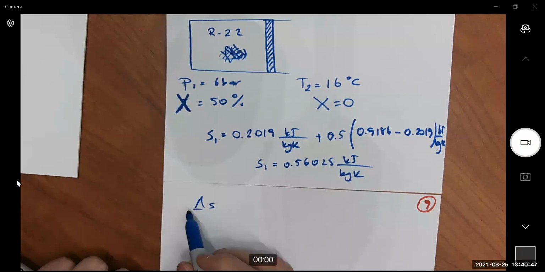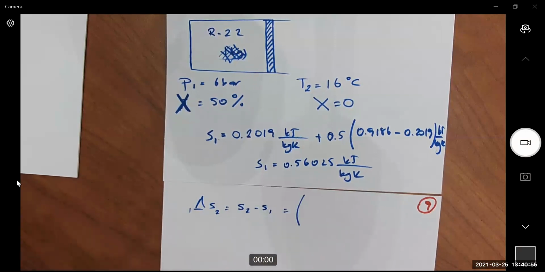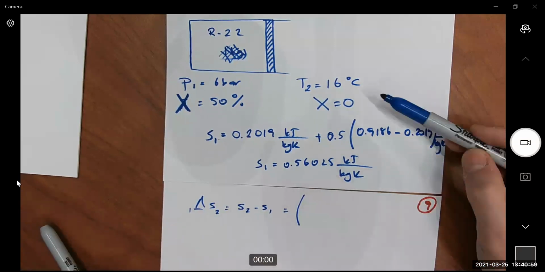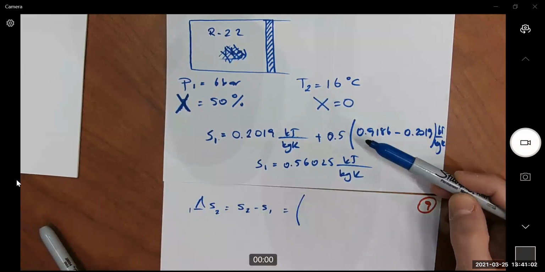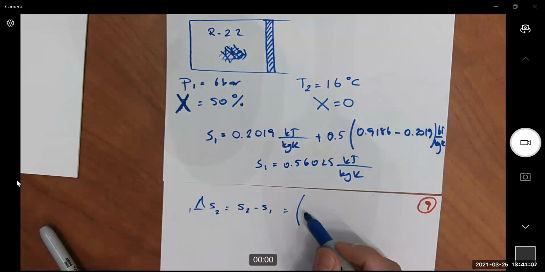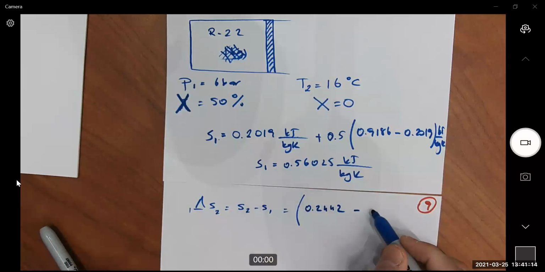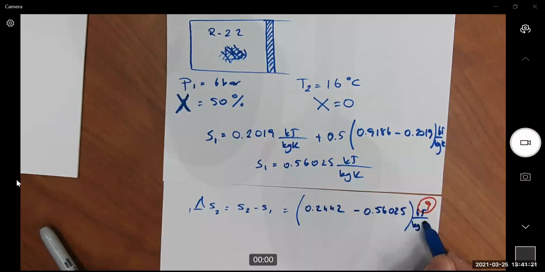Specific entropy change from state 1 to state 2 is S2 minus S1. S2, for a given temperature, the saturated liquid is 0.2442, minus S1, the specific entropy at state 1, 0.56025 kilojoules per kilogram Kelvin.